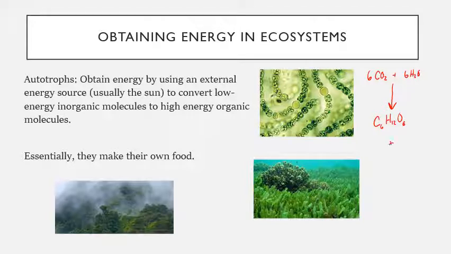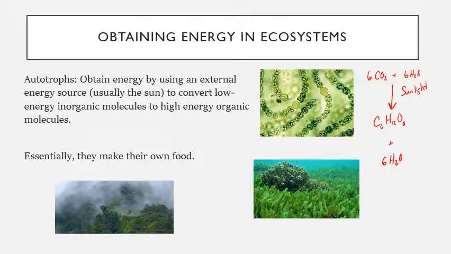And this is by far the most common kind of autotrophy, the ability to capture sunlight. There have been other kinds that have occurred, normally by volcanic vents. There are organisms that can make use of the chemical energy coming out of volcanic vents to make their own high energy organic molecules.